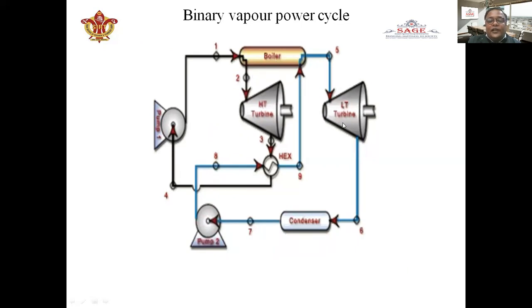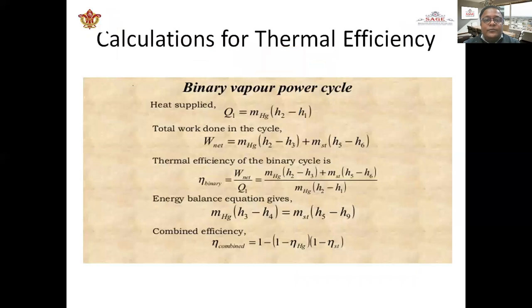Then in the low temperature turbine the steam vapor is expanded to low pressure, condensed in the condensing unit, passed through the second pump, and passed again into the heat exchanger, where the heat exchange between the mercury vapor and the steam vapor takes place, where the steam is formed and supplied to the other cycle. So this is the binary vapor cycle diagram.